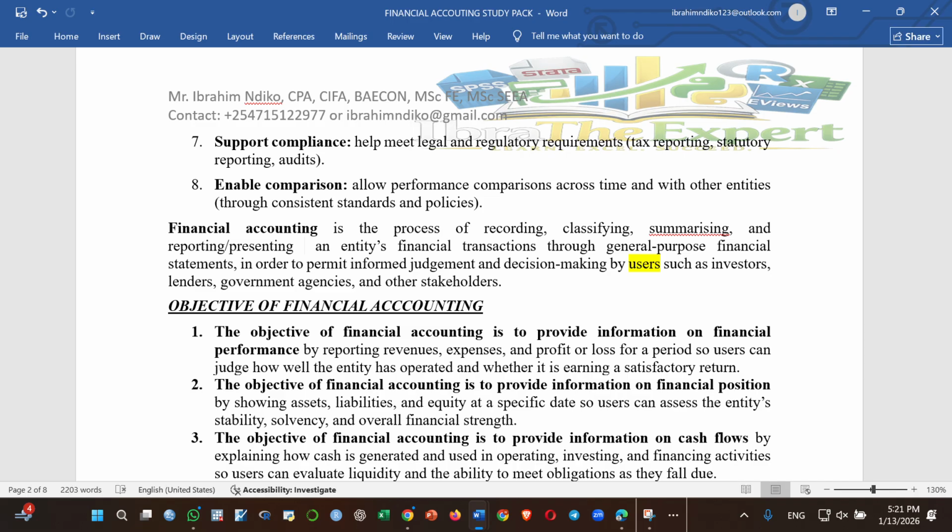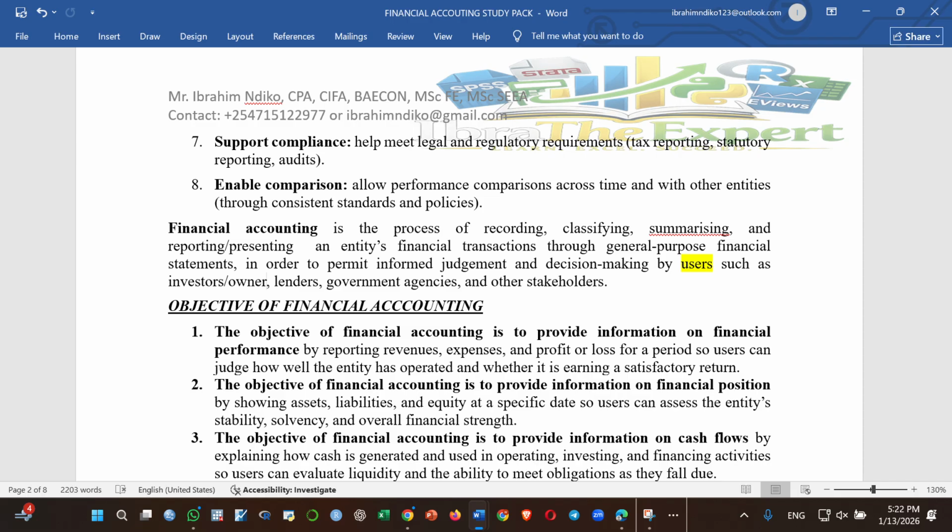Who are those users? The investors, the lenders, the government, and then the stakeholders. And remember, the main user of this information is the owner. I prefer the word owner rather than investor. The owner has invested in that business, and therefore he will need this information to make a decision on whether the company is making any progress.